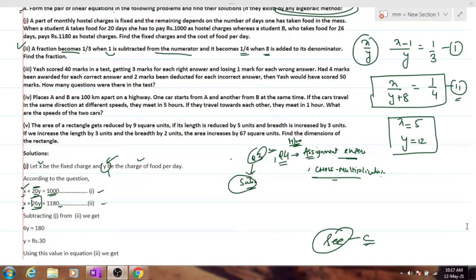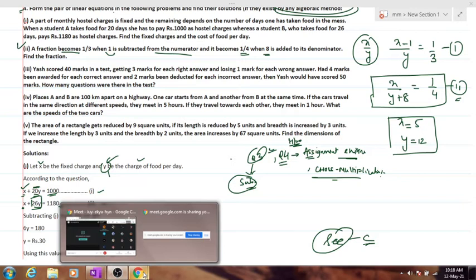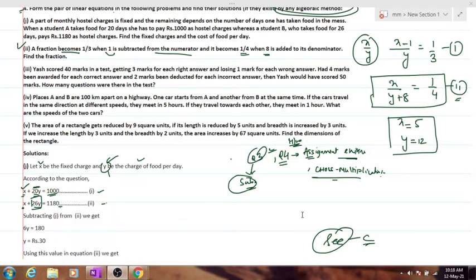This is exercise 3.5 or 3.6? 3.6. Hurry up, hurry up. How many have the answer? Excuse me. Yes? Yes, Agni. Yes, sure.